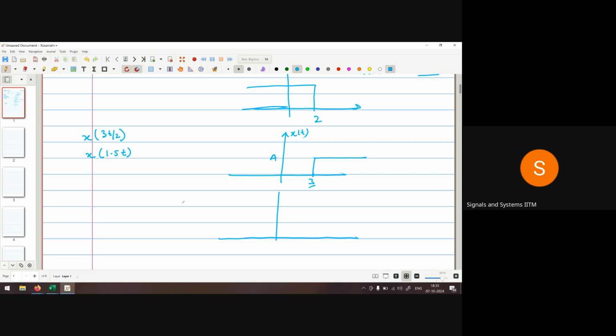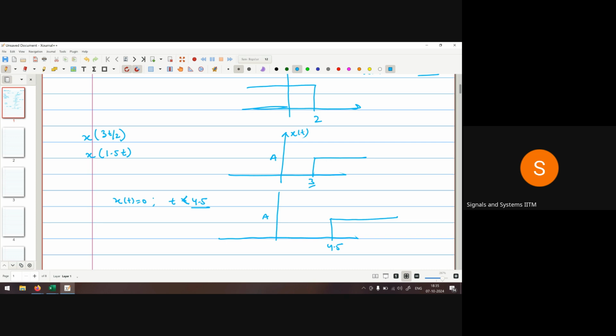The value of 3 should become 4.5. So the x(t) signal is 0 when t is less than 4.5. This is the second term.